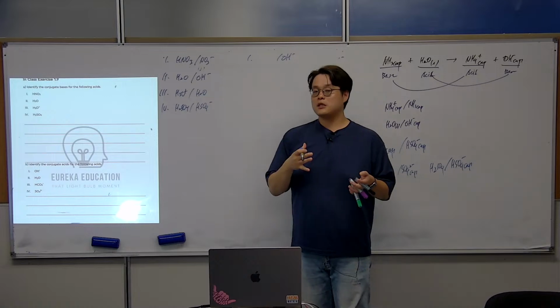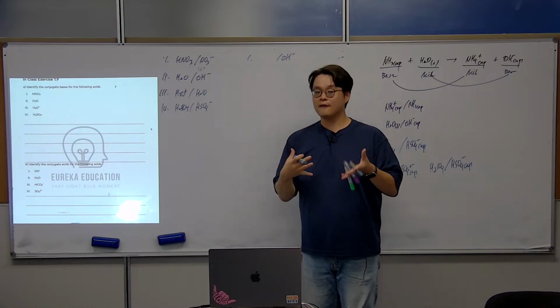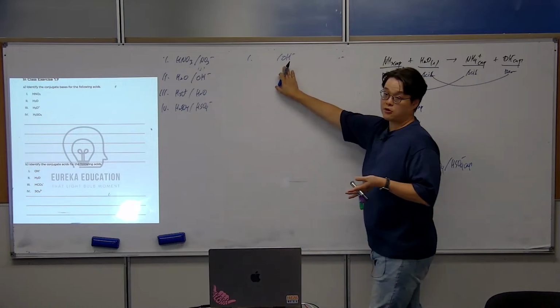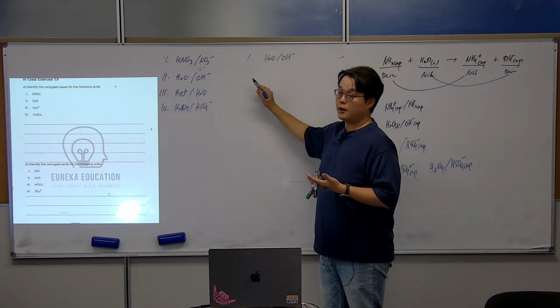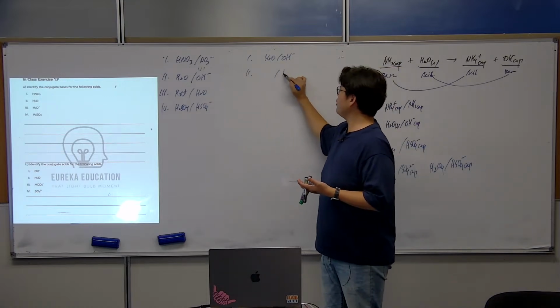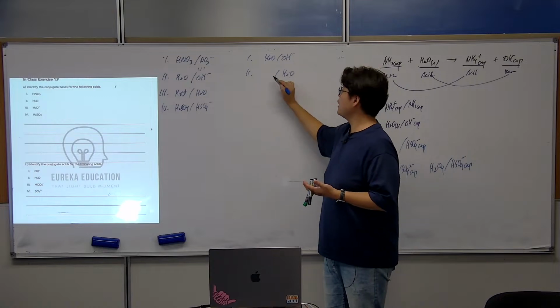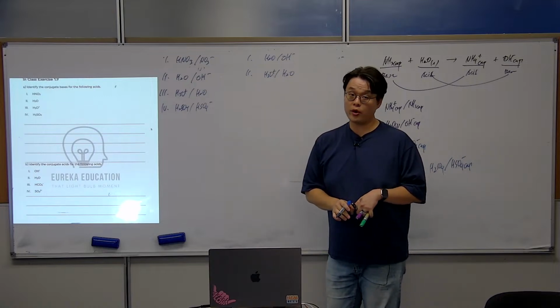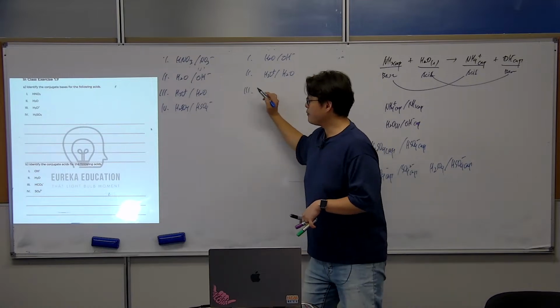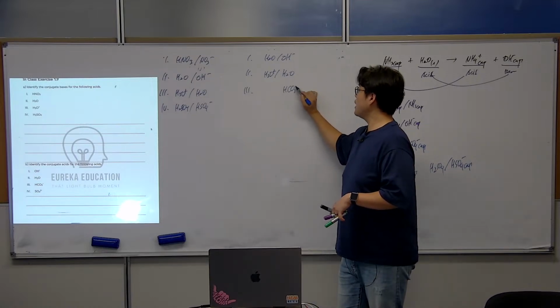Okay, next one, OH minus is now working as a base. Remember that conjugate means having one hydrogen ion difference only. So adding a hydrogen ion, because it's working as a base, means we get H2O. Easy. H2O is now working as a base. That means H3O plus must be the conjugate acid of H2O. What else do we have? We have HCO3 minus, hydrogen carbonate.